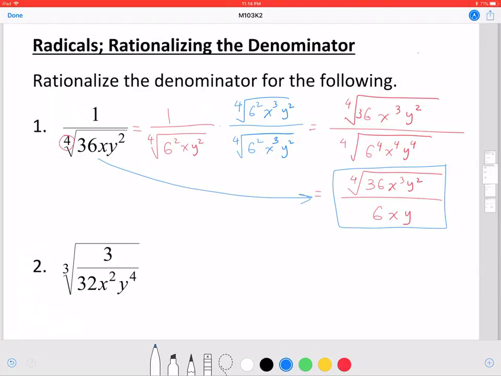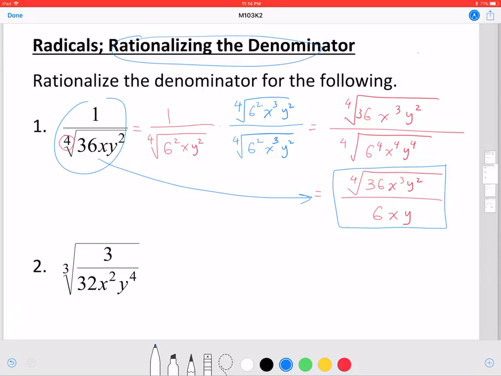Now sometimes this kind of problem is called simplifying, and I don't like that name because, if you compare my original problem to my answer, does my answer look simplified? Definitely not. It looks more ugly, got more stuff in it. So I don't like to call this simplifying. I call this rationalizing the denominator.